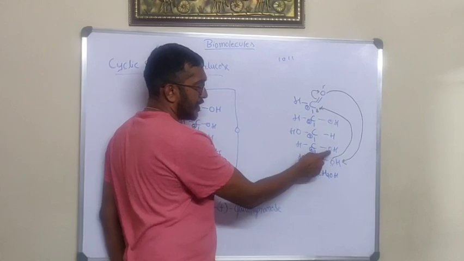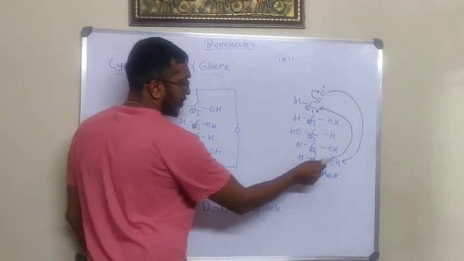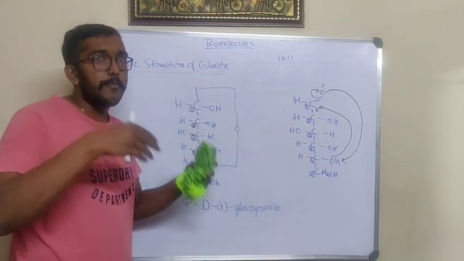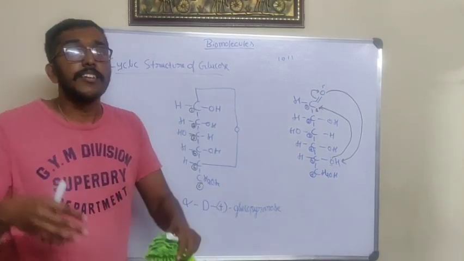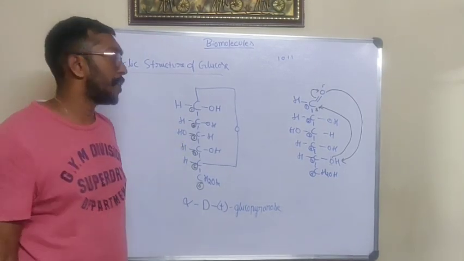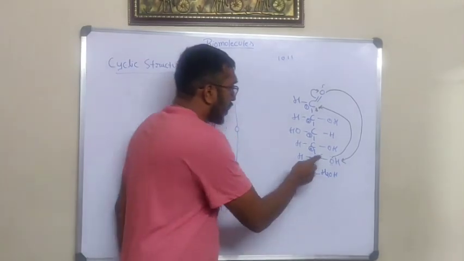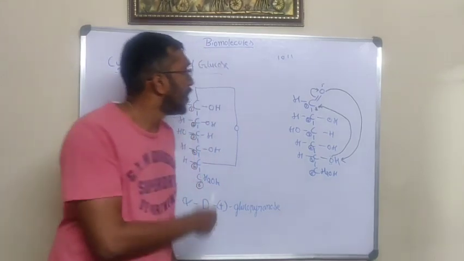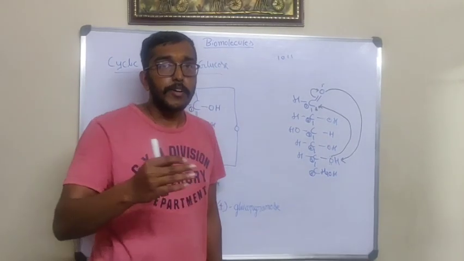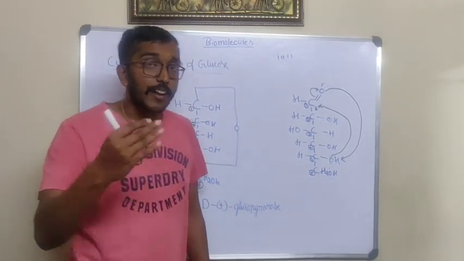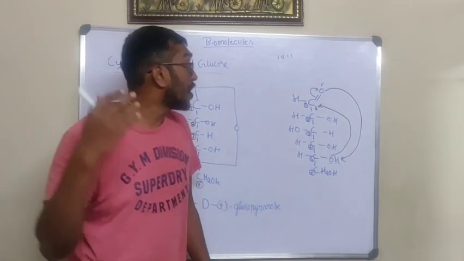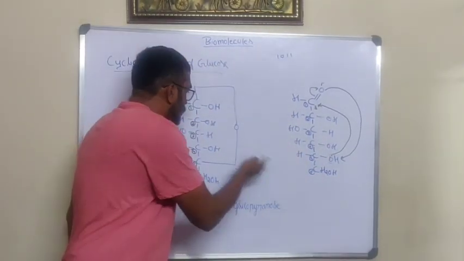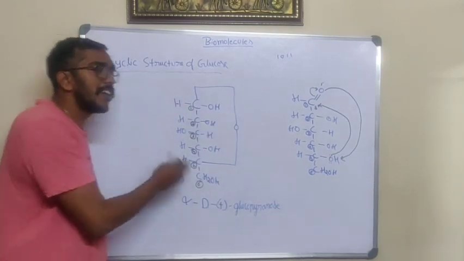If the fourth carbon oxygen is involved, it is a 5-member ring. Compared to 5 and 6, the 6-member ring will be more stable. So that is the reason the OH group on the fifth carbon is activated compared to the second, third and fourth carbon OH groups. Very simple concept.